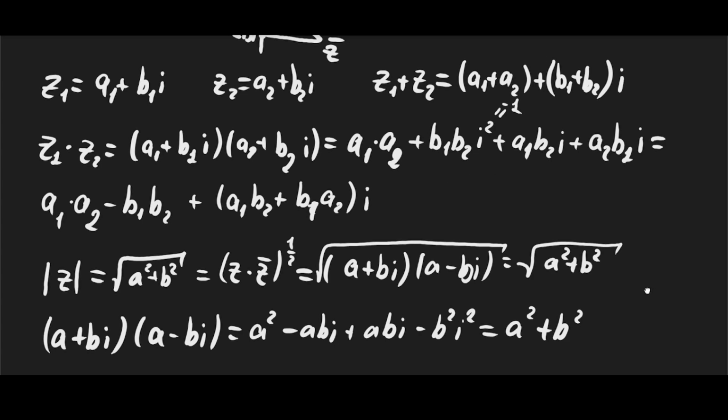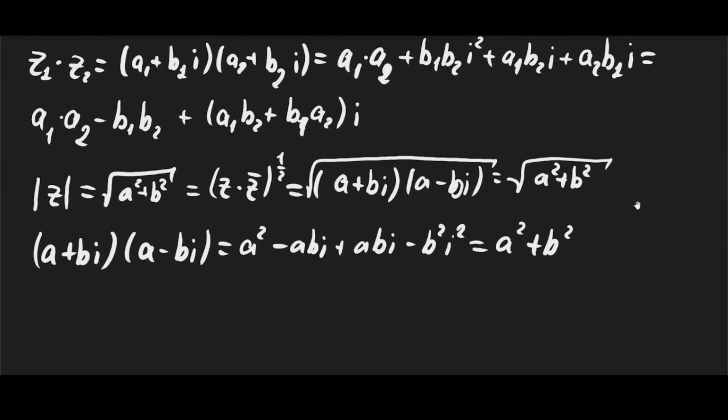And now we can define the division of two complex numbers. If we have a1 plus b1 times i divided by a2 plus b2 times i, we need to multiply numerator and denominator both by the conjugate of the denominator.